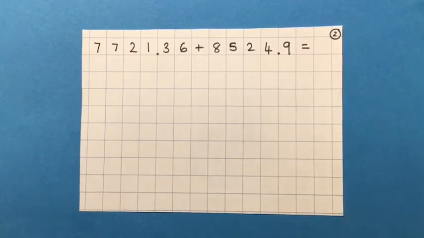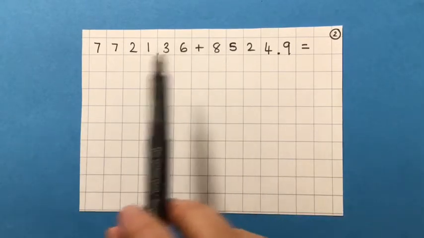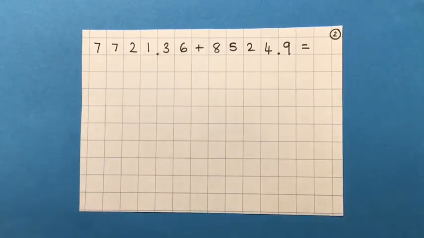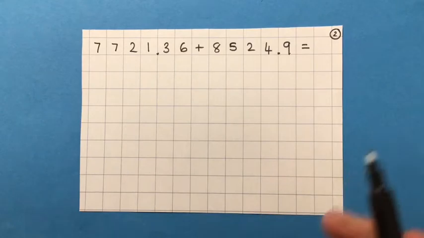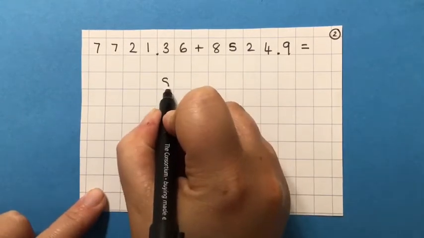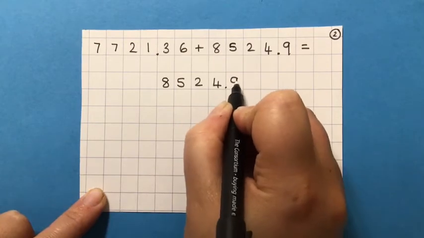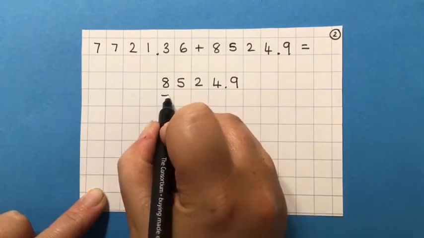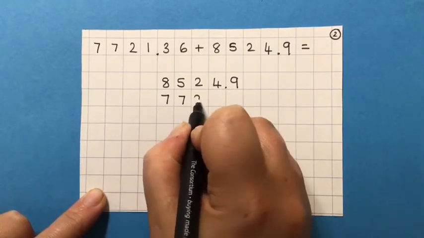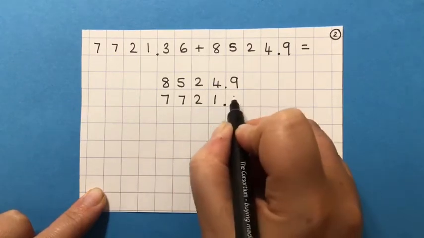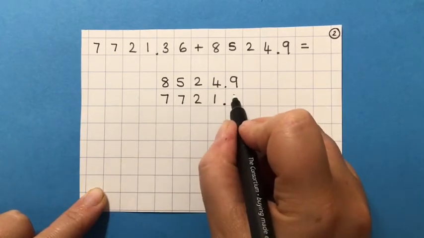This is where we need to be careful with our setting out. So first of all, we need to make sure that we use the biggest number. Obviously with add, it doesn't really matter, but it just gets us into that habit ready for when we do subtraction. So we're going to go with this number first. And we're going to pop this number underneath, making sure that we line the decimals up.